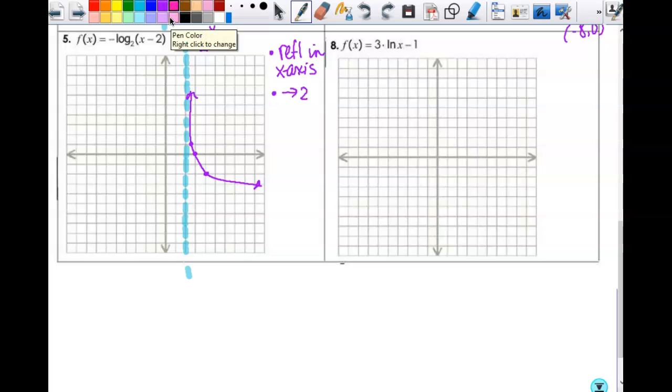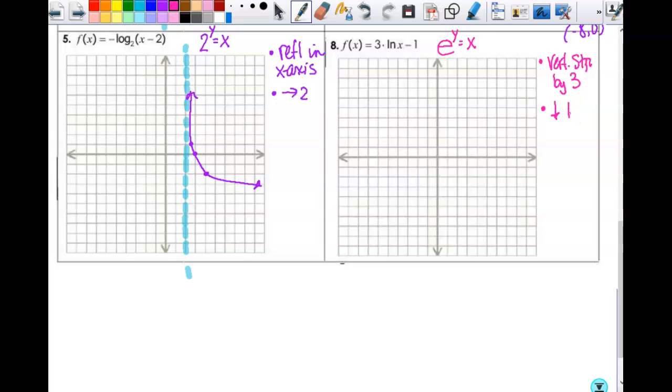To rewrite our parent function as an exponential, this is going to be e to the y power equals x. This 3 does what? Good. Vertical stretch by 3. And then that 1 means I do what? Down 1.